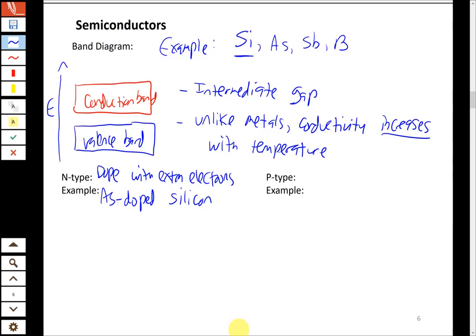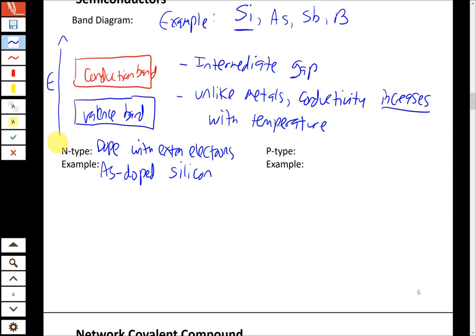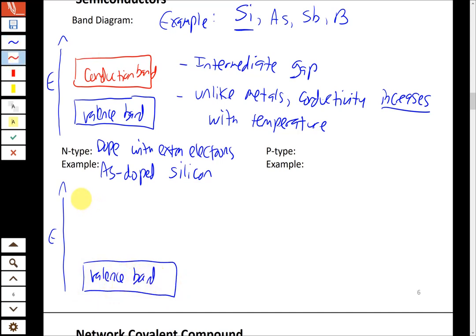So the result of that is, if you look at the band diagram for silicon, again an energy level diagram shown here, you have a valence band at the bottom that's going to be filled. And in regular silicon, you have some gap where you have your conduction band up higher.